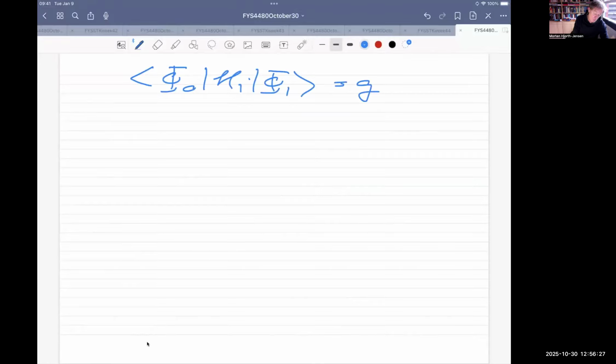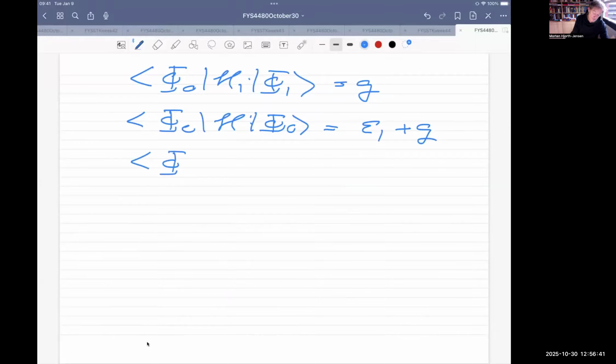Similarly, when I took the whole Hamiltonian, I got diagonal elements, which were epsilon 1 plus this constant g. And similarly, when I took the non-interacting state which represents the second single particle energy, or could actually be a many-body energy, what we got was a Hamiltonian matrix which led to a typical eigenvalue problem.